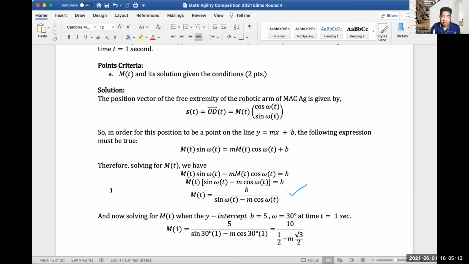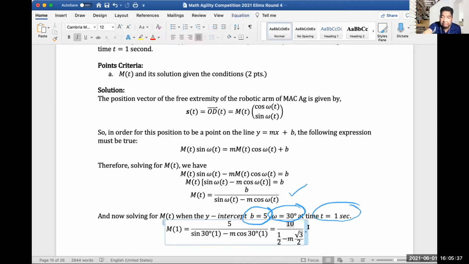So the initial values given are that the y-intercept is 5, omega is 30 degrees, and time t is 1 second. What is m? So m of 1 second would be equal to, although why did I write 10 here? So this should be 5.